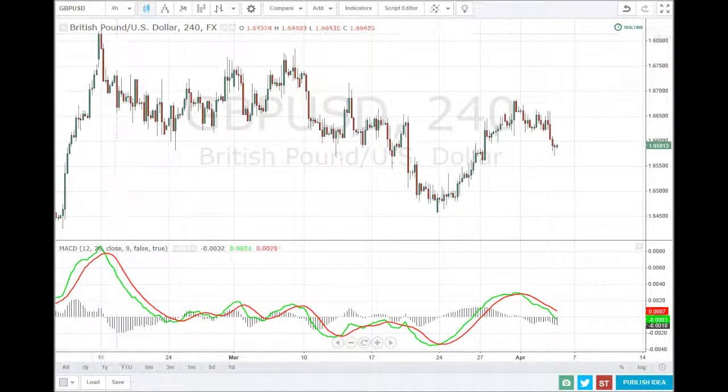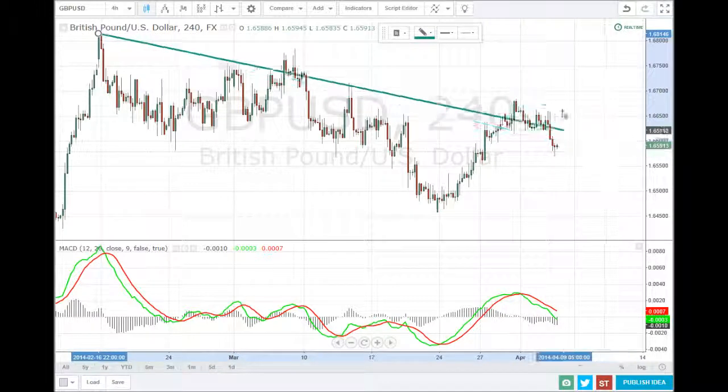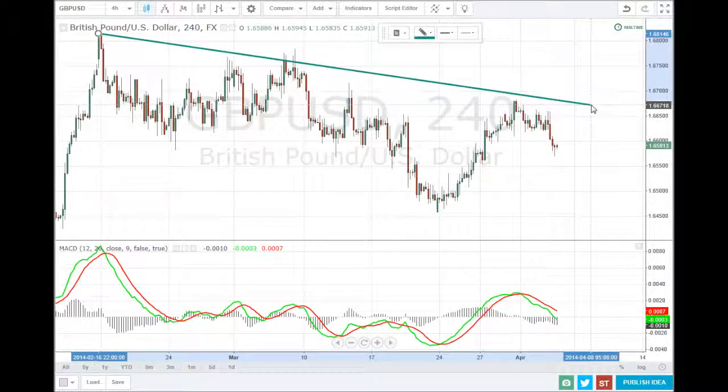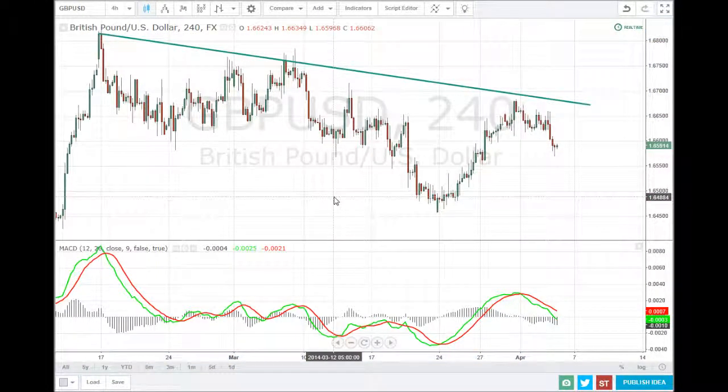We could mark these two highs like that. It could be that as price was coming up, we had joined these two highs as a potential area to go short.